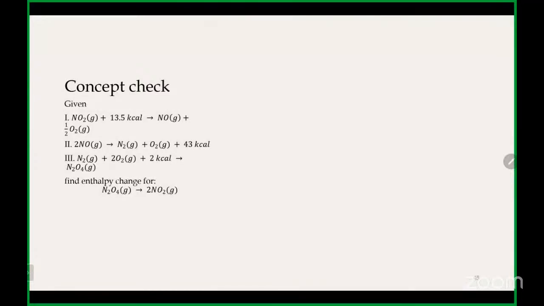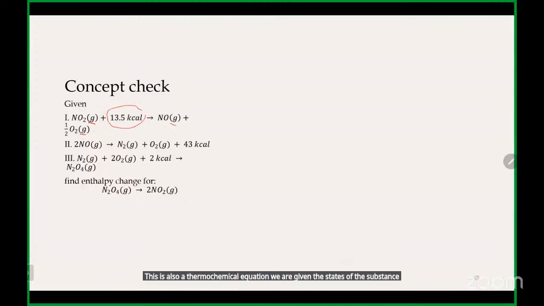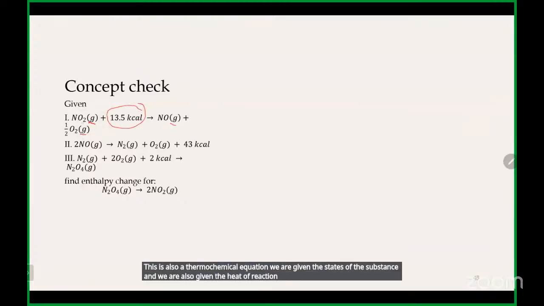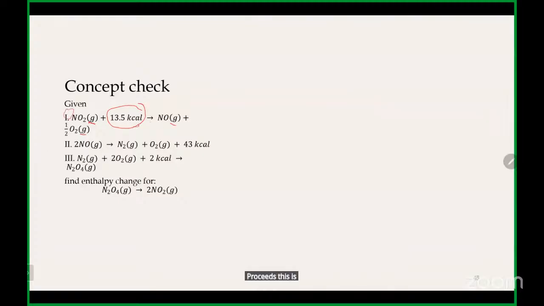So we're given this equation, NO2 going to NO plus half O2. This is also a thermochemical equation. We are given the states of the substance, and we are also given the heat of reaction. This is an endothermic reaction because you are supplying energy or heat to the system before the reaction proceeds. This is reaction 1, reaction 2.